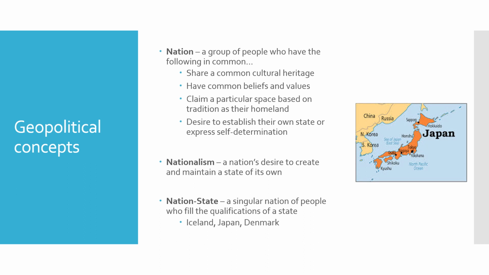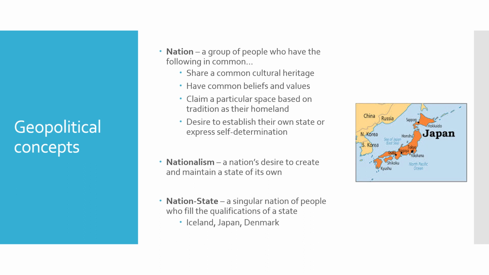We could call them an ethnicity as well, so we can bring in that term ethnicity for these first three bullets, in particular the first two, but probably the first three as well. So a nation is known by having some sort of common cultural heritage, whether that be your language, religion, political structures, values, beliefs, whatever that is. You have those common beliefs and values that link you with the other people around you.